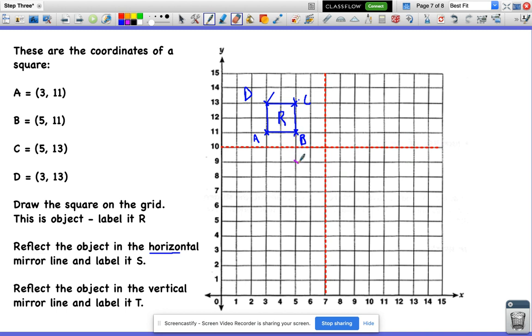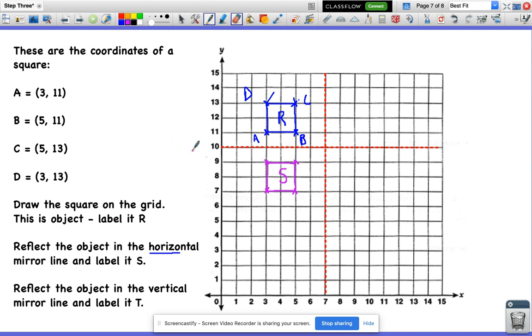B would be reflected here, 1 away. A would be reflected here. D is 3 away, 1, 2, 3. And C is also 3 away. So I've reflected that one. I just used a different color to make it stand out a bit and label it S.